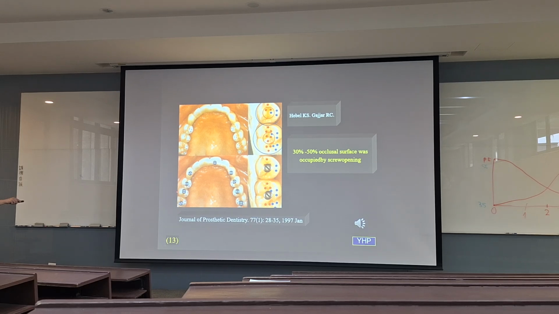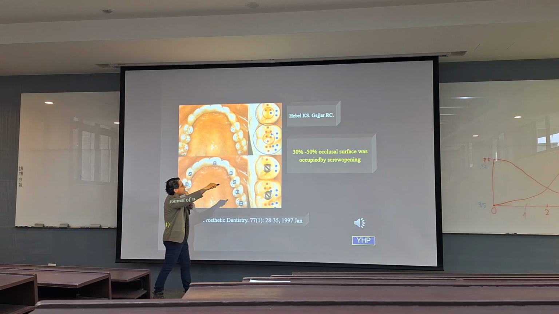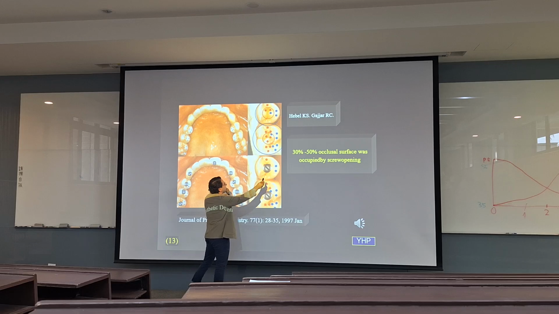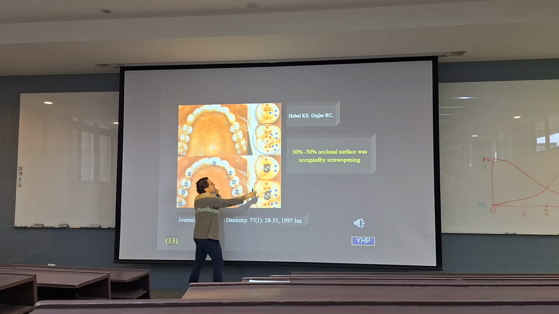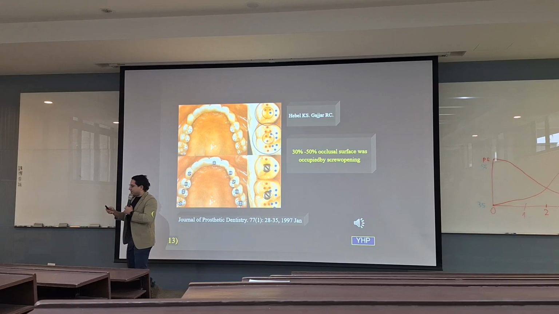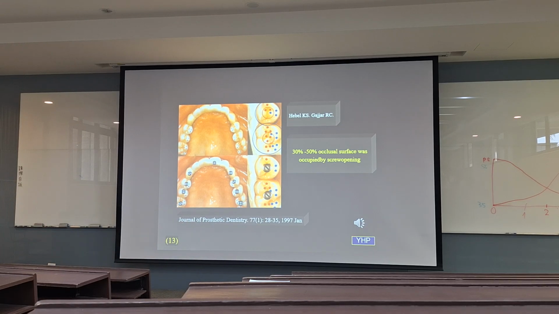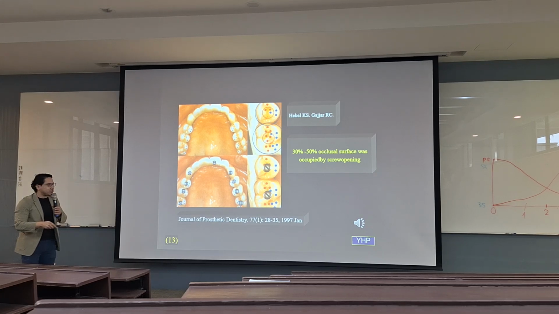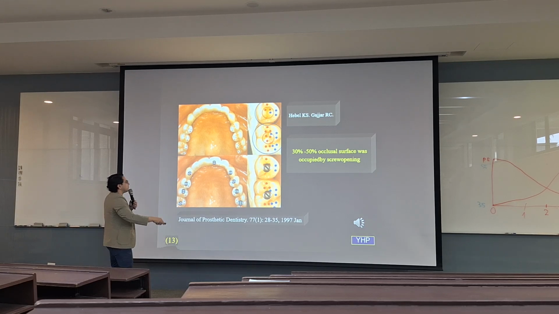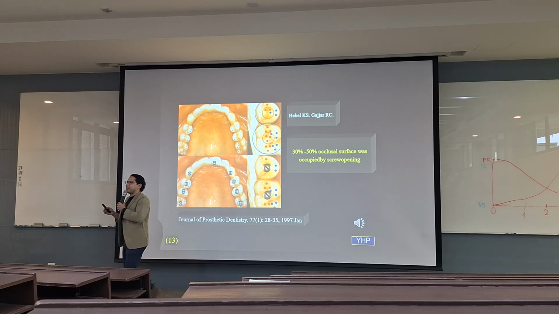Because there are some cases where you can have a really good occlusal balance. But we know from the screw point of view, the moment that you put a screw, that means that you need to make a hole in it. And that means that when you have those contact points in your occlusal relationship, you will lose those contact points, because now you have a hole for your screw. So when you put your screw, then you need to close it, and we need to put an O-D there so we can have some stability.